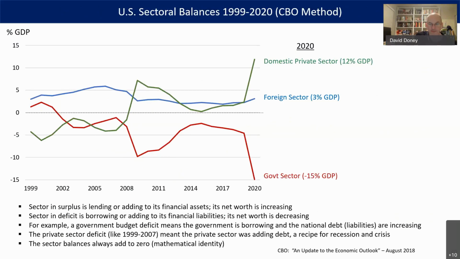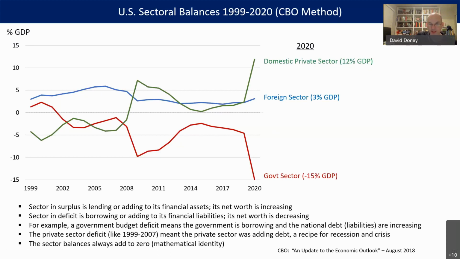In the private sector, now here's where this gets interesting. I think this is completely fascinating throughout, but where it gets interesting is that an MMT economist will tell you, and I've got a source cited coming up here, if you have the green line negative, like it's been here, like it was in 99 all the way through 2008, what that means is that the private sector is borrowing.